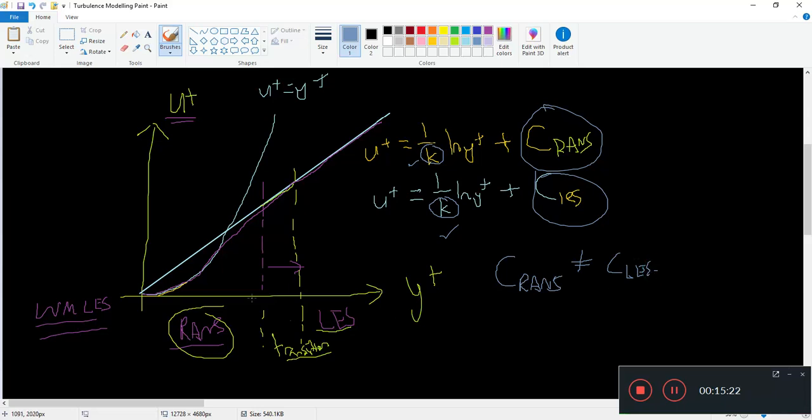Part of the reason was that there was this drop in nu t, and it was not sufficiently made up by the eddies. The eddies didn't make up for the drop, not enough.